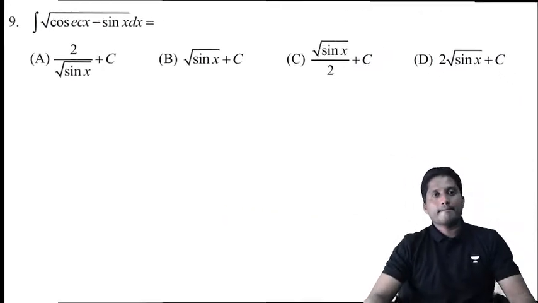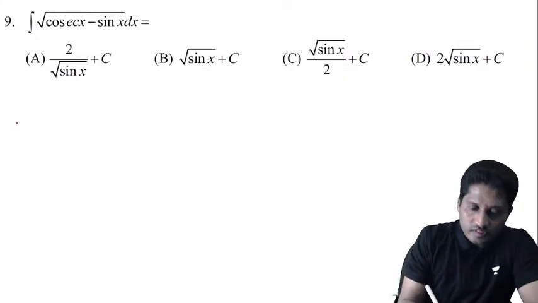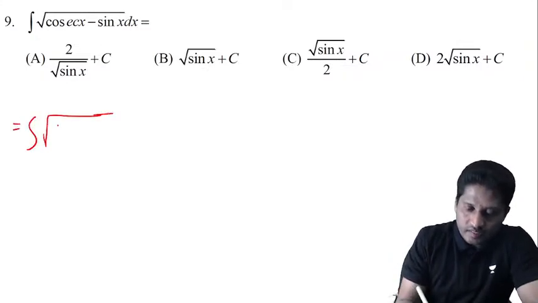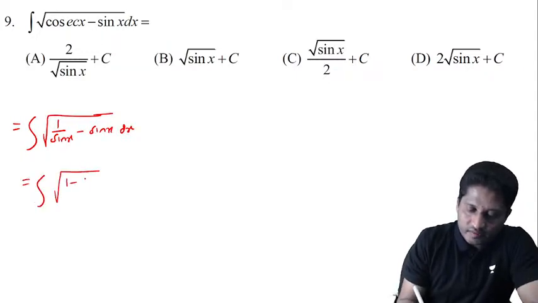Question number 9. So this is equal to integration of root of cosec x minus sine x dx. Cosec can be written as 1 by sine. So root of (1 minus sine square x) divided by sine x dx.